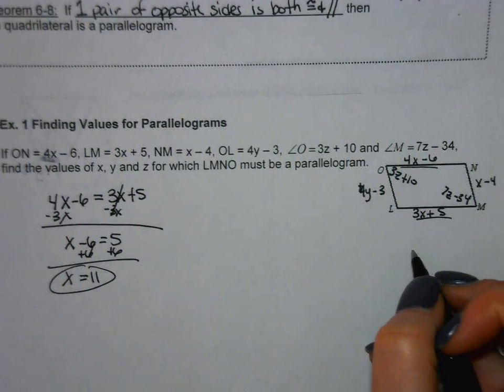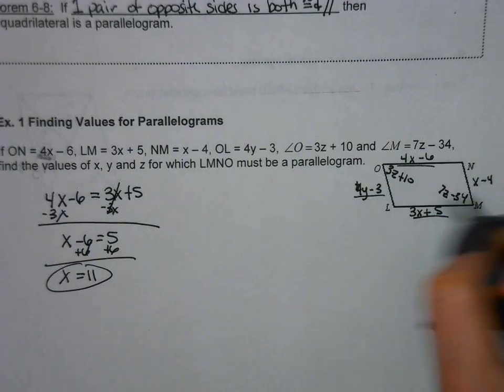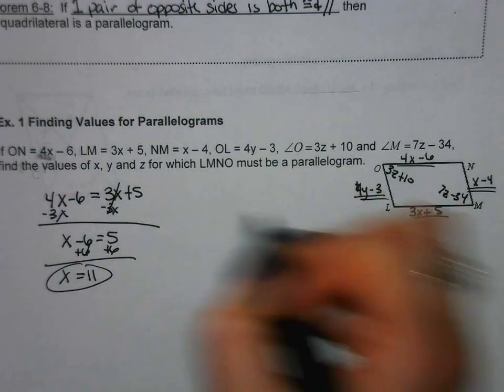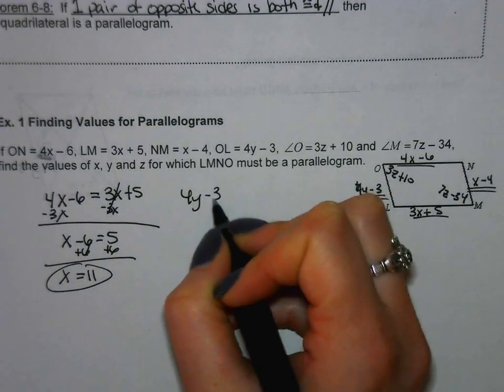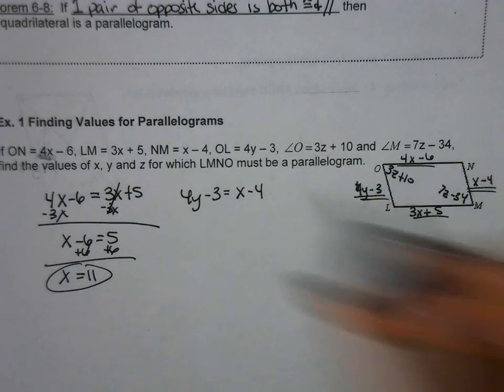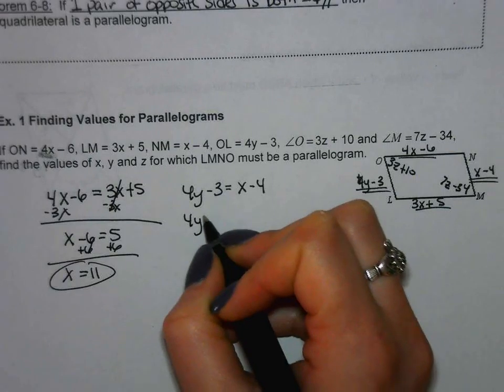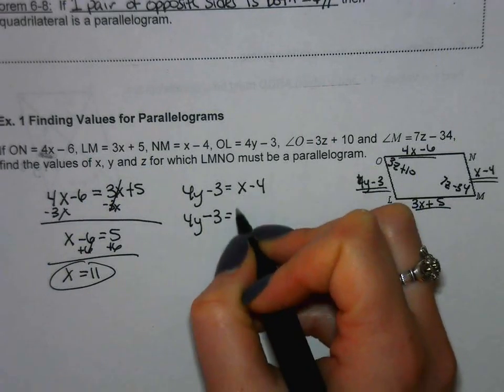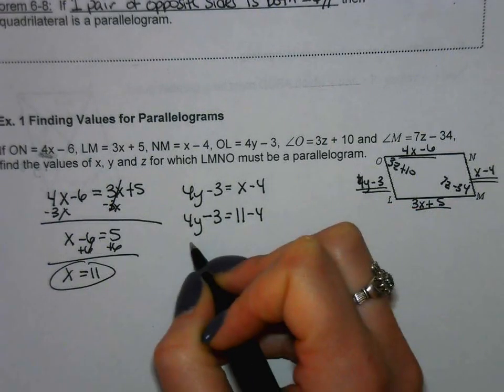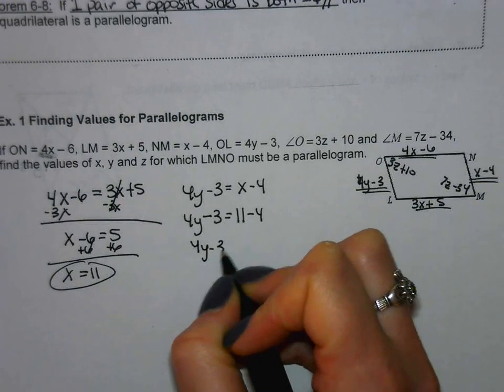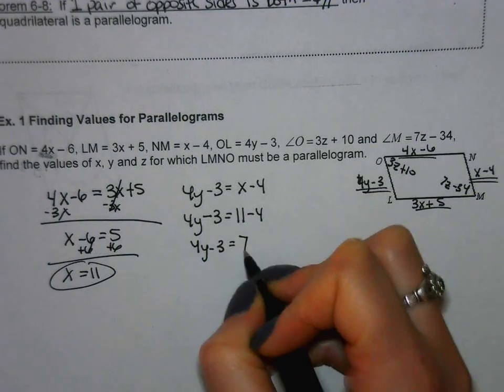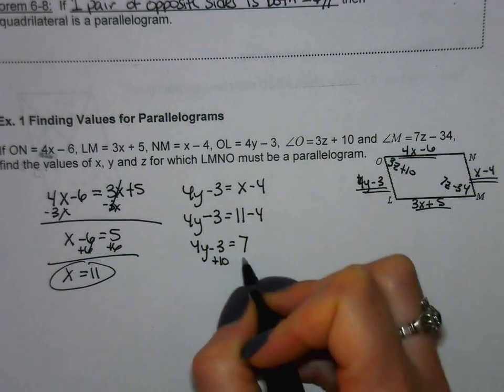I also know that my other sides are congruent to each other. So I have 4y minus 3 equals x minus 4. I just found that x was 11, so I'm going to replace my x with 11 and solve from here. So 4y minus 3 equals 11 minus 4, which is 7.